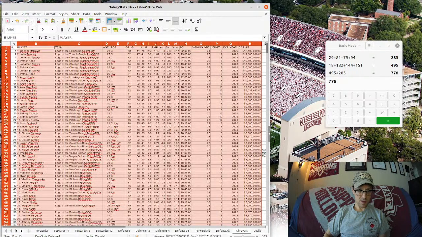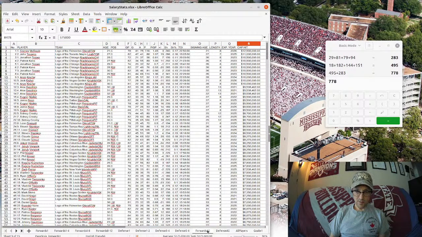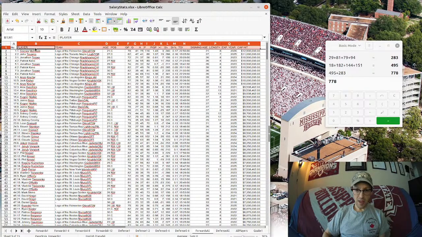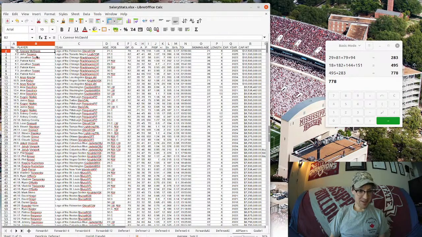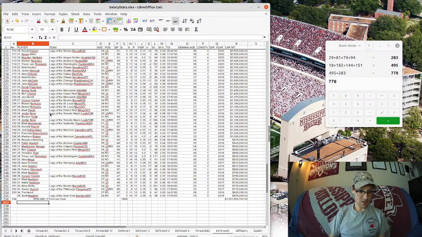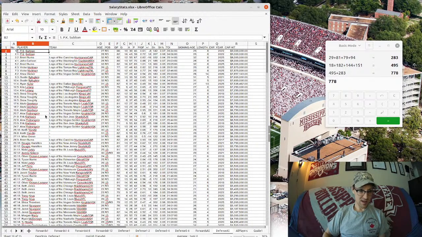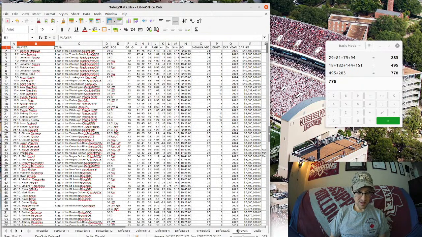Oops. That's all forwards. I don't trust that I did things right, so better to make sure. So that's good. Then we want all defense.